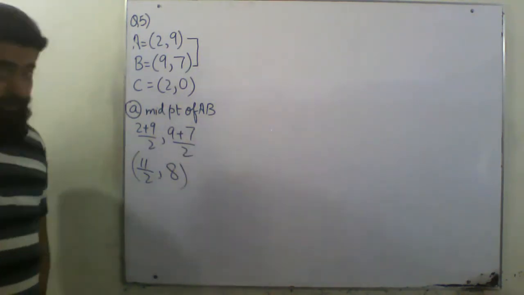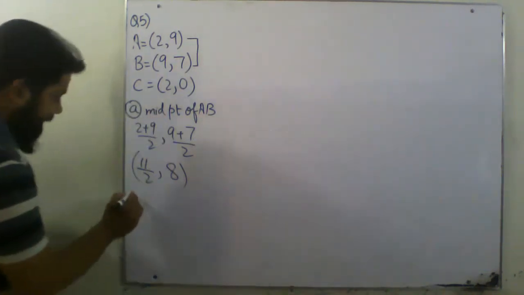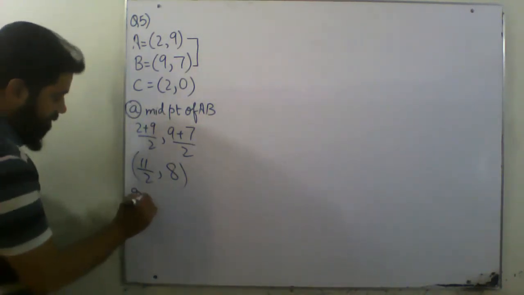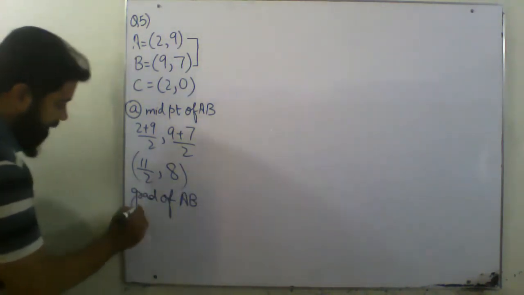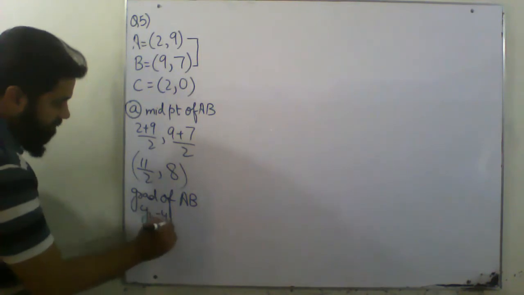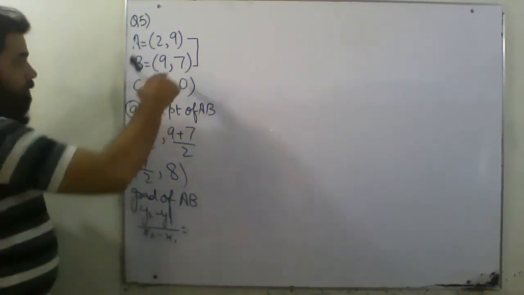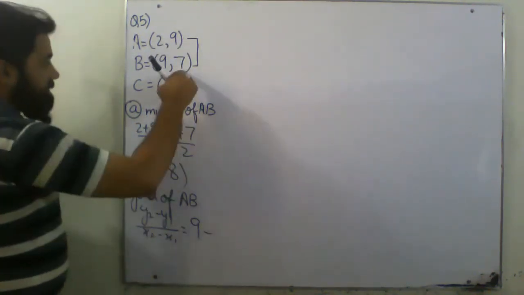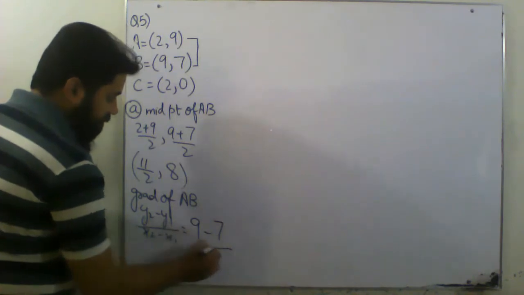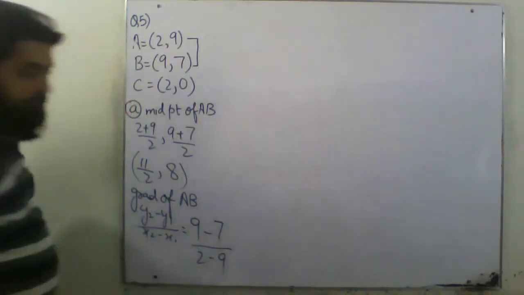That's my first one. After that I have to find the gradient of AB. So gradient of AB will be y2 minus y1 upon x2 minus x1, 9 minus 7 over 2 minus 9.